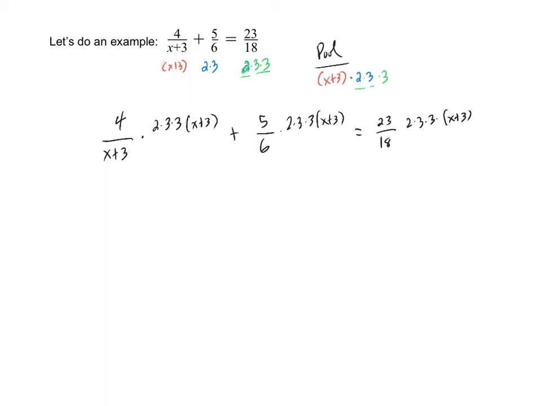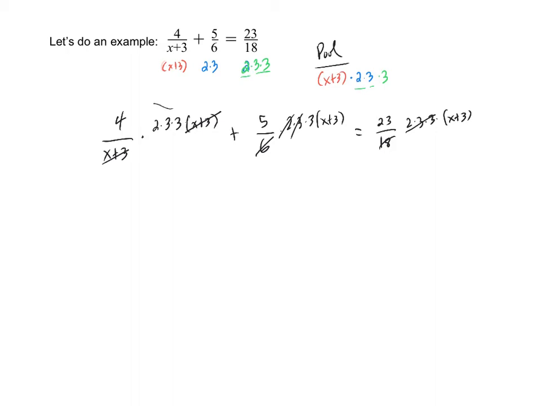All right, so looking at the first one, I have an x plus 3 here and an x plus 3 here. Look at the second one. I have a 6 here, and I have a 2 and a 3 here. And then look at the third one. I have an 18 here, and a 2, a 3, and a 3 here. So all the denominators have gone away, and what I'm left with are some things to multiply together.